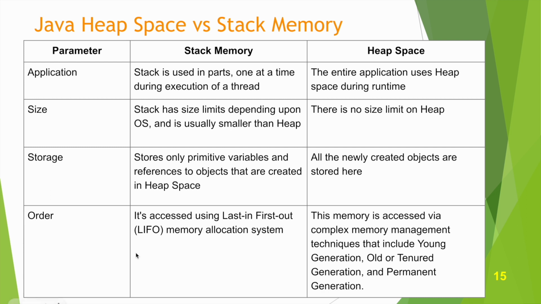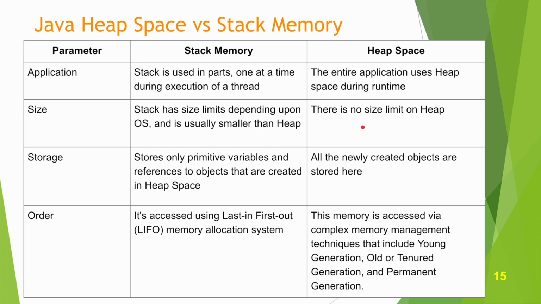Let's see a comparison between Java heap space and stack memory. Stack is used in parts, one at a time, during execution of a thread, whereas the entire application uses heap space during runtime. Often, the size of a stack has limitations depending upon the OS and is usually smaller than the heap space.